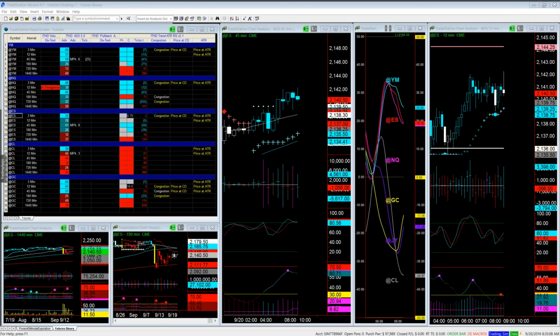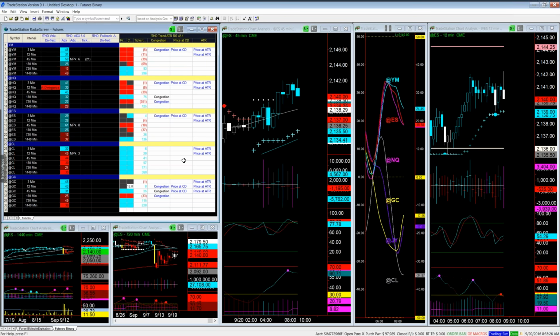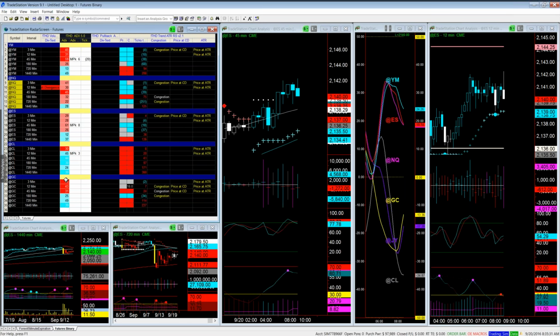Is the radar screen available in Ninja? No, radar screen is related to TradeStation, but NinjaTrader does have a market analyzer. Does it look like this? No, it does not. I do have the trend for the market analyzer, and it looks very similar to this. And I also have the ADX.